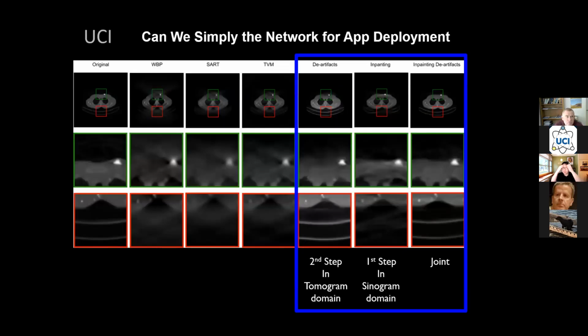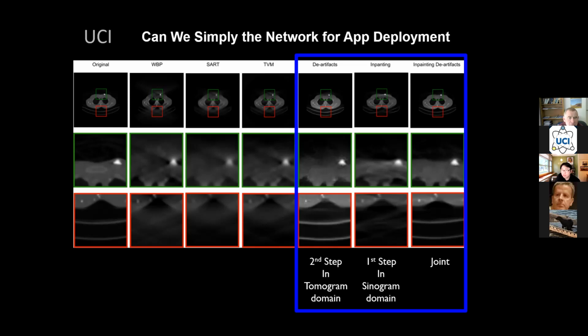So one of the things is, we always benefit from reviewers asking questions. Here's one example. They asked us, okay, you have two separate parts. One is doing the in-painting in the sinogram, and the other is doing the artifact removal. What if you have them operate on the images separately and see their effects?